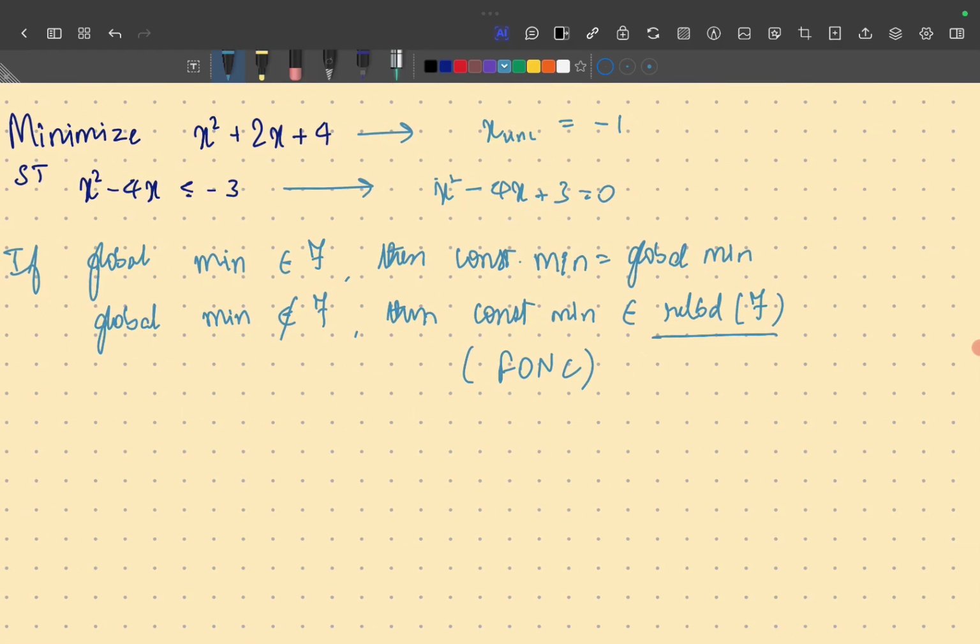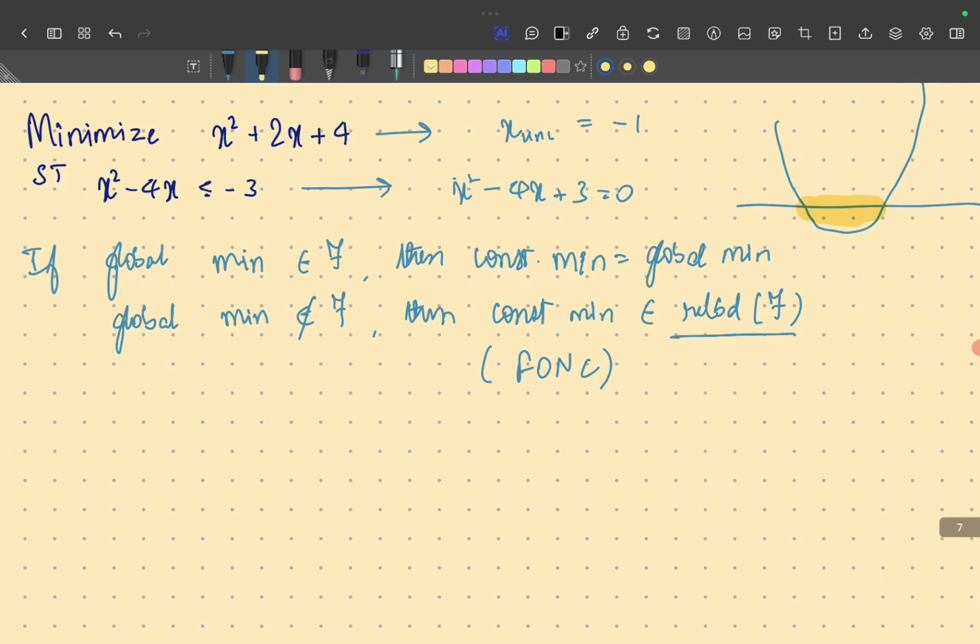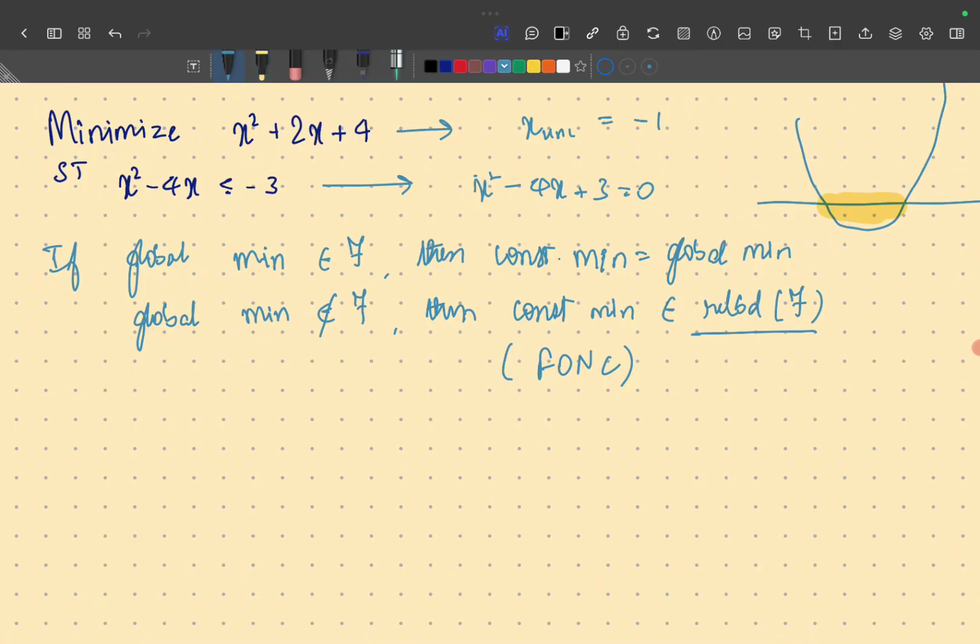Note that this is basically an upward quadratic, so the function is going to look something like this. The constraint set would essentially be this particular region, wherever the curve is below the x-axis. And that happens to be the closed interval from 1 to 3.